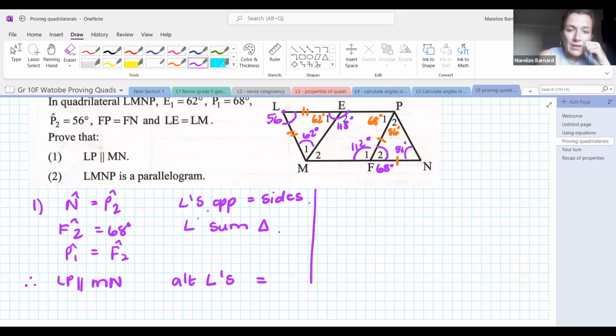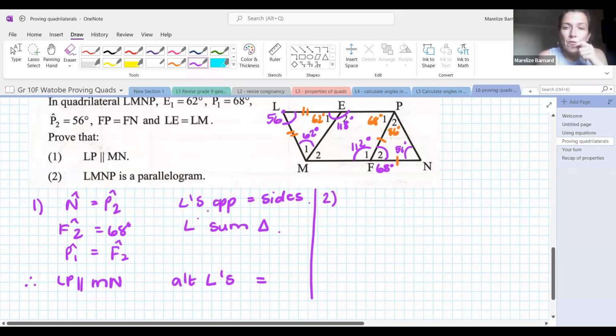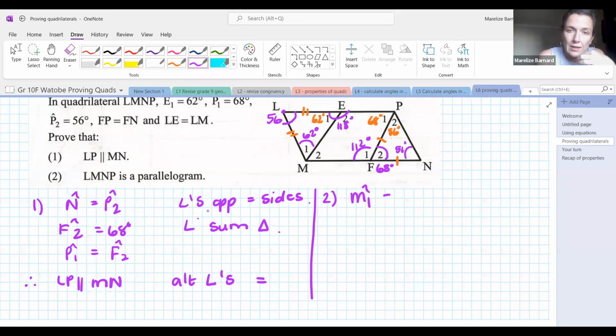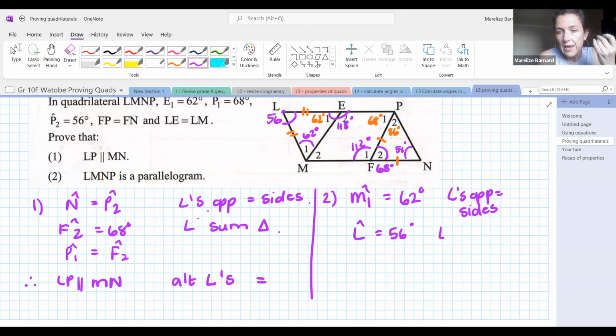Okay, so that's going to bring us up to number 2. What do we need to do next? M1 is equal to 62, and the reason there is angles opposite equal sides. And we'll get that L is 56 because of angle sum in a triangle.